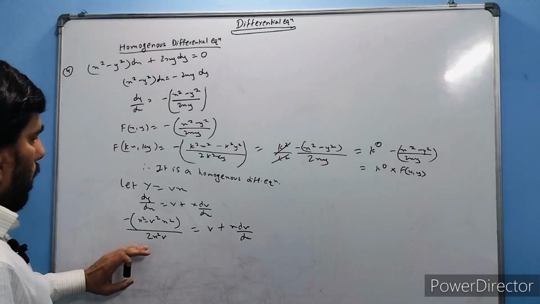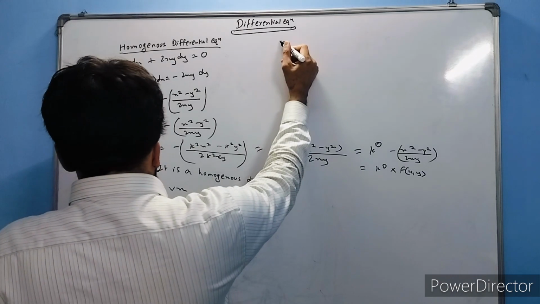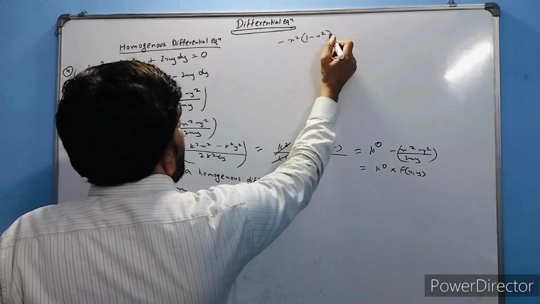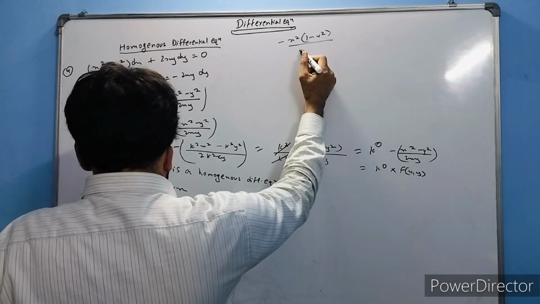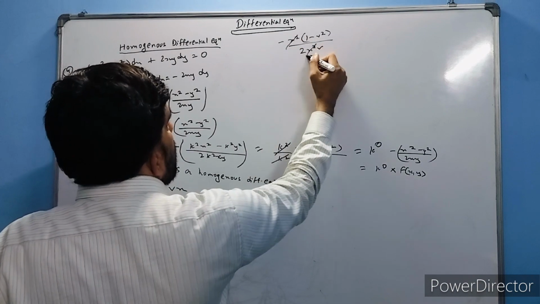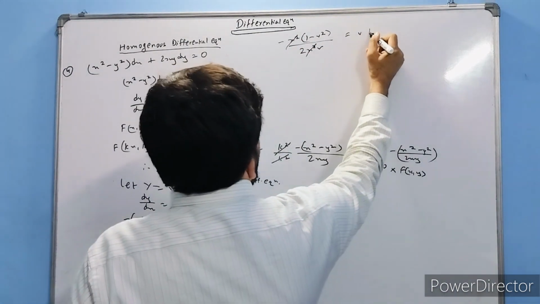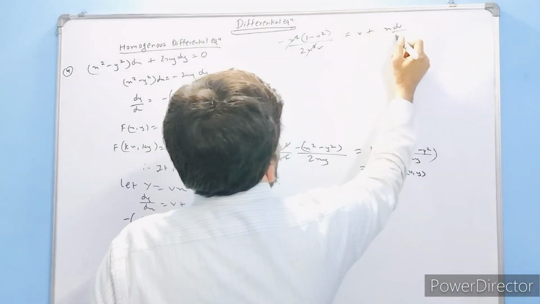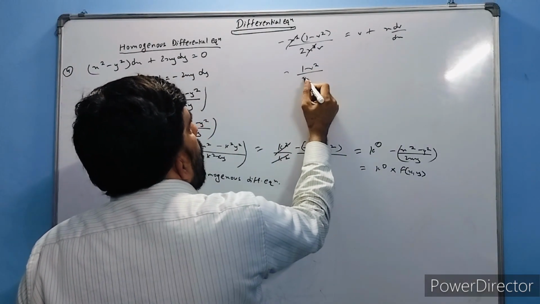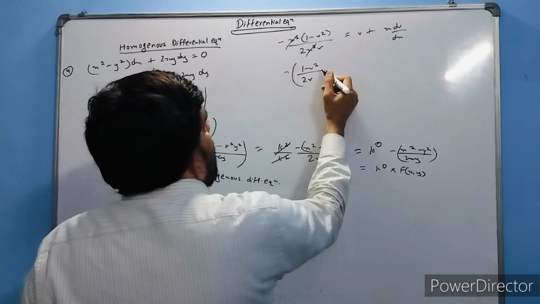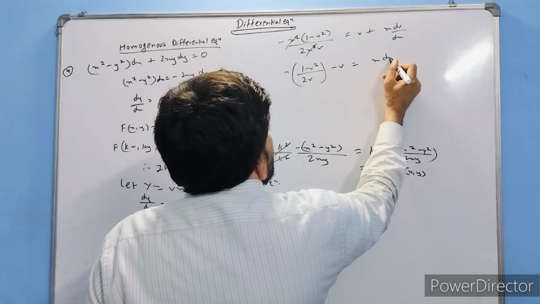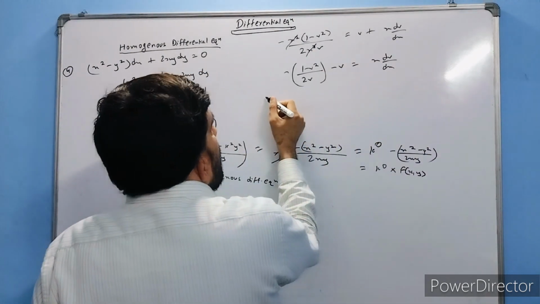So now we'll try to solve here. We have x square common, so we have 1 minus v square upon 2 x square v. So it will be reduced, is equal to v plus x dv upon dx. Now what we can do? Minus 1 minus v square upon 2v minus v is equal to x dv upon dx. We can take minus common.